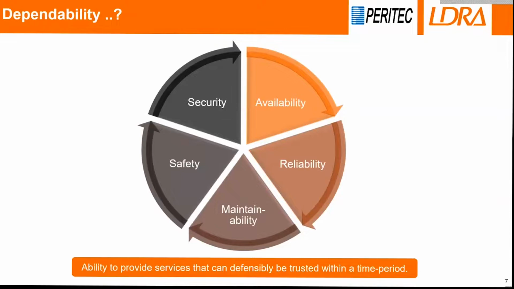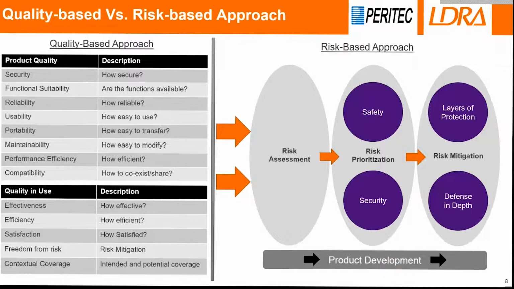Because of all this, the systems are getting connected and communicating with each other, and security has also become a concern for developing a dependable product. So dependability is the ability to provide services that can be justifiably trusted within a time period.